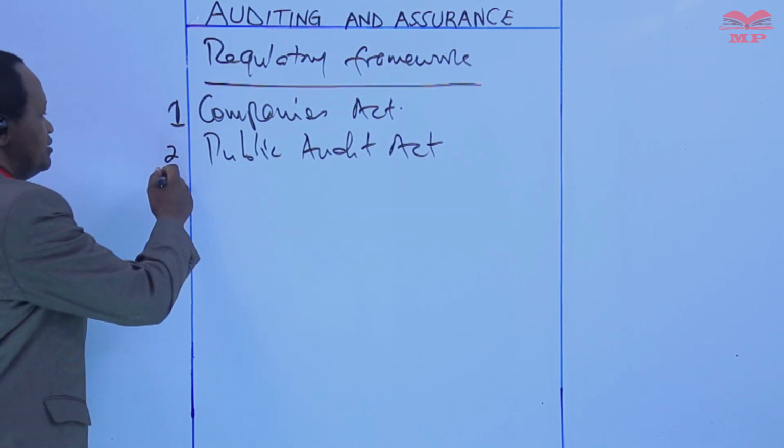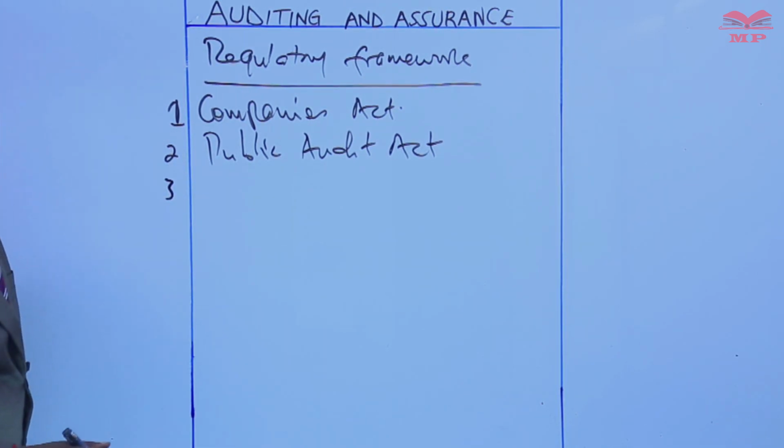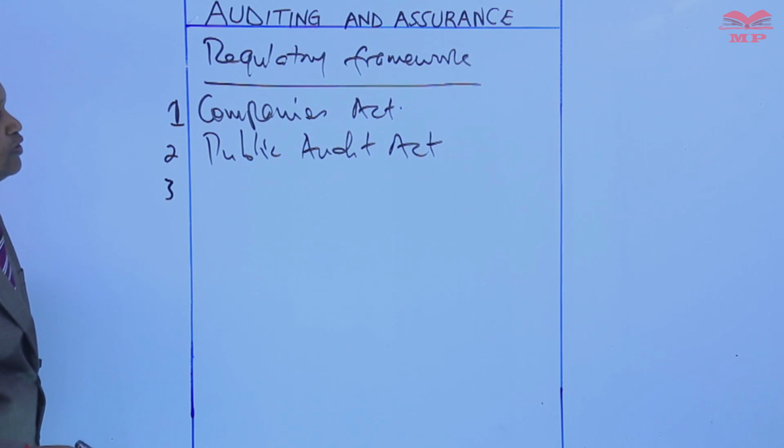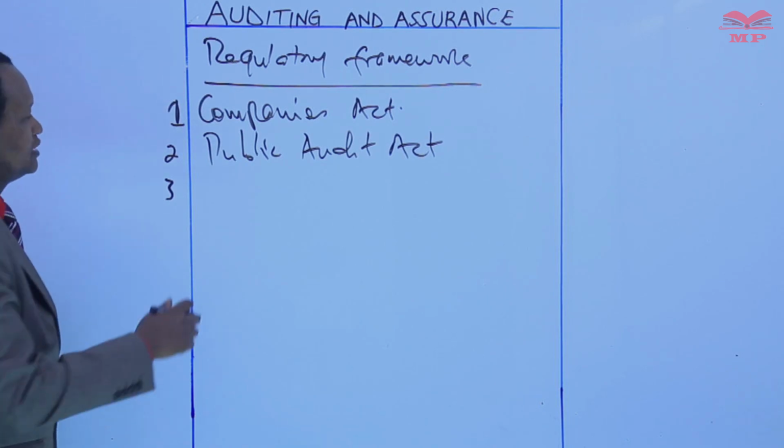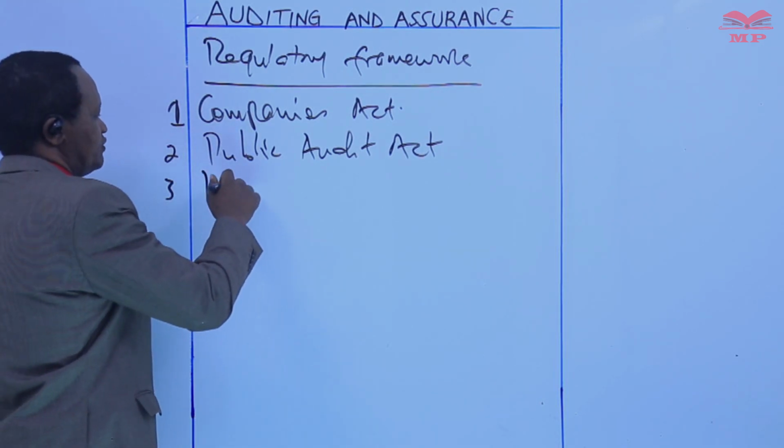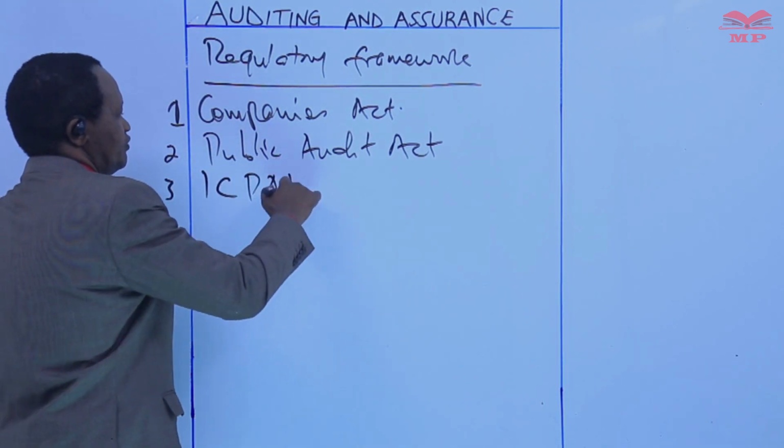The third element of the regulatory framework of auditing of companies in Kenya is the Institute of Certified Public Accountants of Kenya Act.